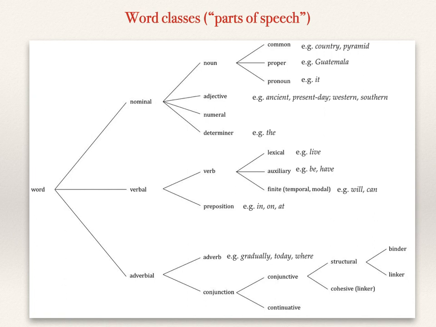Adverbs: gradually, today, where, when, how. Conjunctions like linkers: and, or, but; binders: when, while, although, if. And non-structural cohesive ones like however, nevertheless, for example, meanwhile, furthermore. And continuatives like well, oh, yes, no, serving continuative functions.